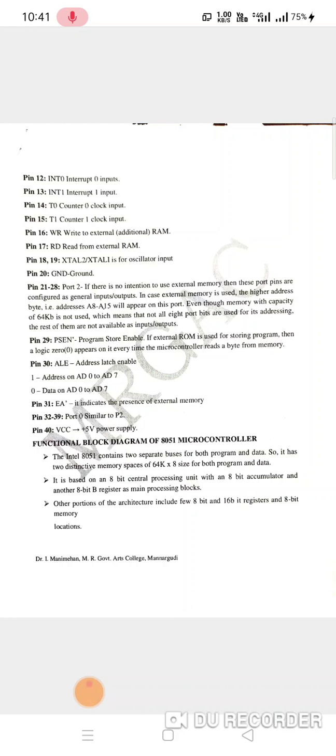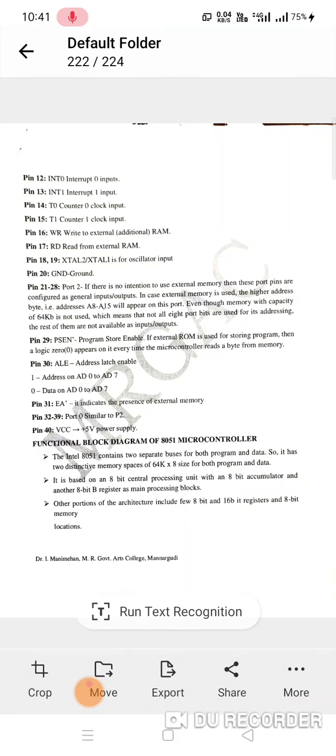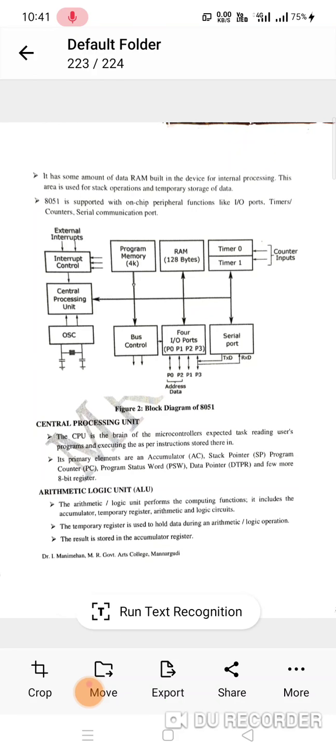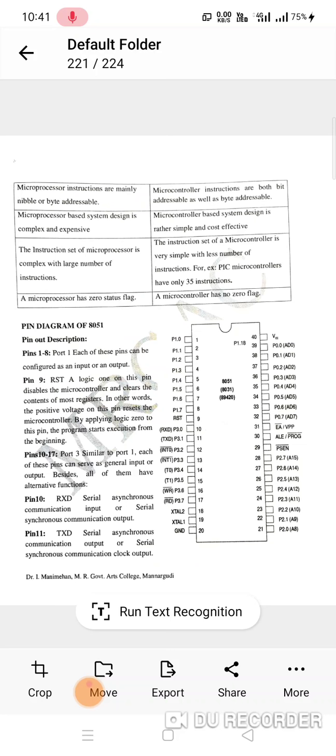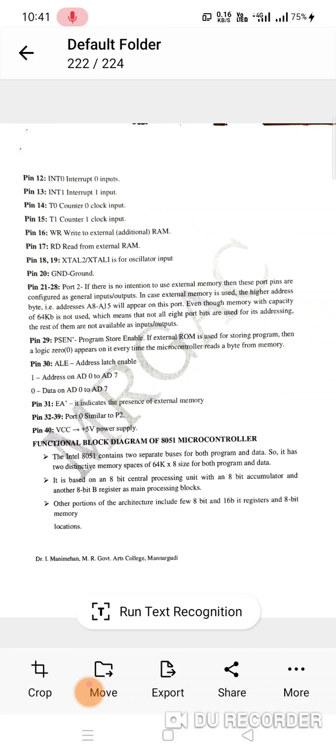Okay. Pin number 31 is EA, that is external access.